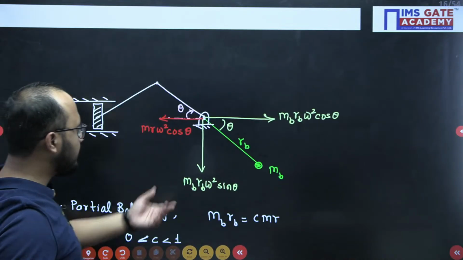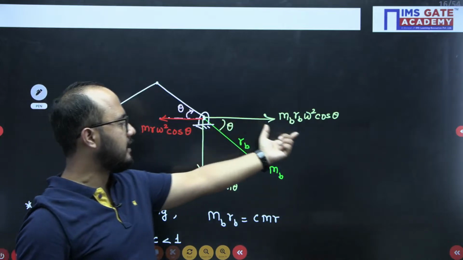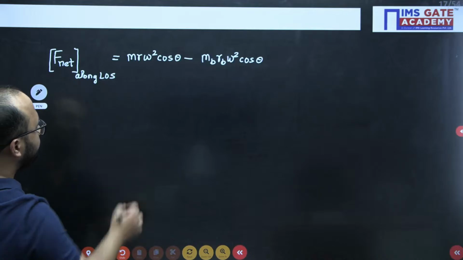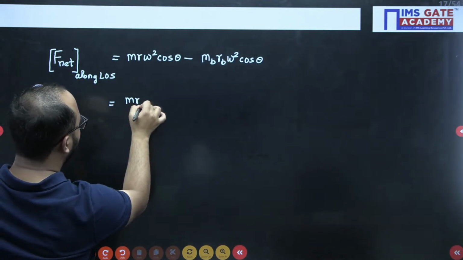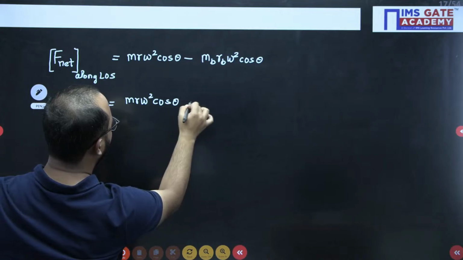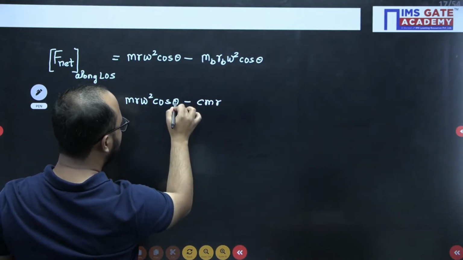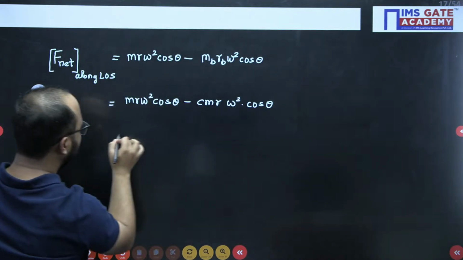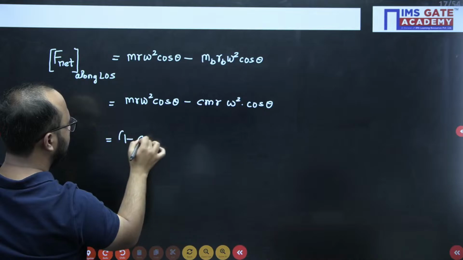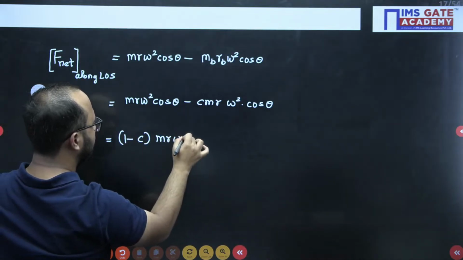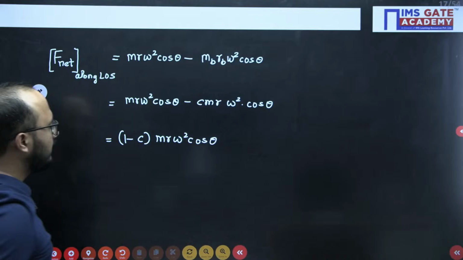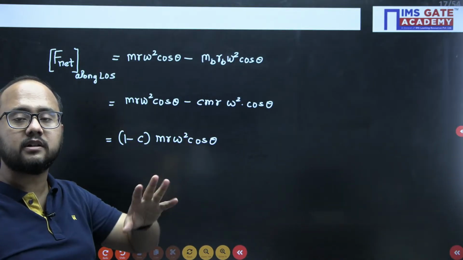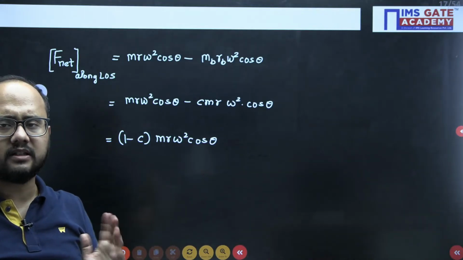So you can simply understand, mr omega square minus mbrb omega square, times cos theta. Now mbrb can be written as C into M into R. Everything will remain the same. So finally we take 1 minus C common: (1 minus C) mr omega square cos theta. This is the final formula. Directly this formula you should remember, where C is the percentage of balancing you have provided, 60%, 70%.